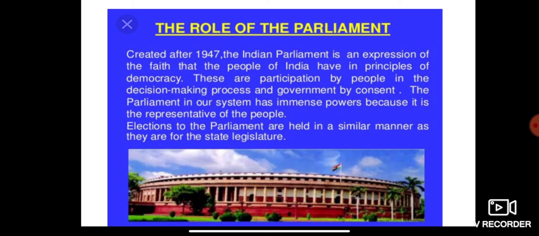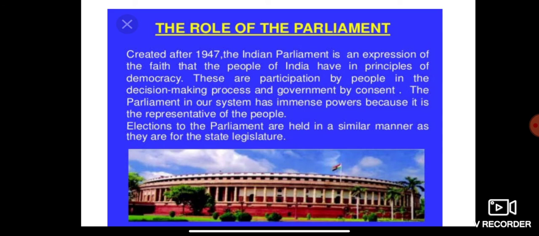They represent the people. Elections to the parliament are held in a similar manner as they are for the state legislature. In all democratic countries, an assembly of elected representatives has the power to govern on behalf of the people. Similarly, in India, we call this assembly the parliament.